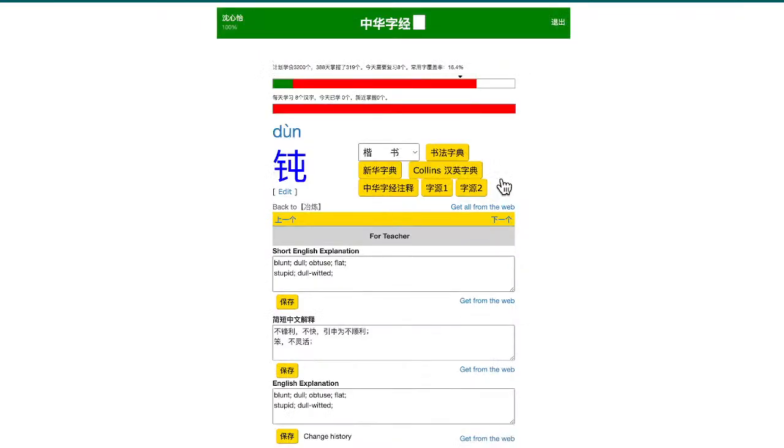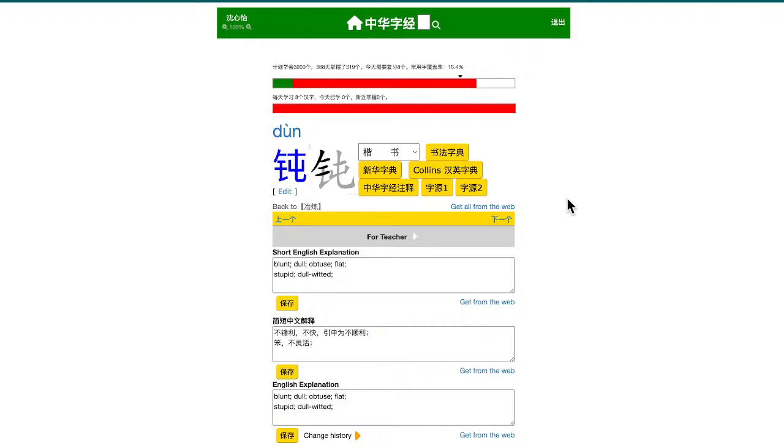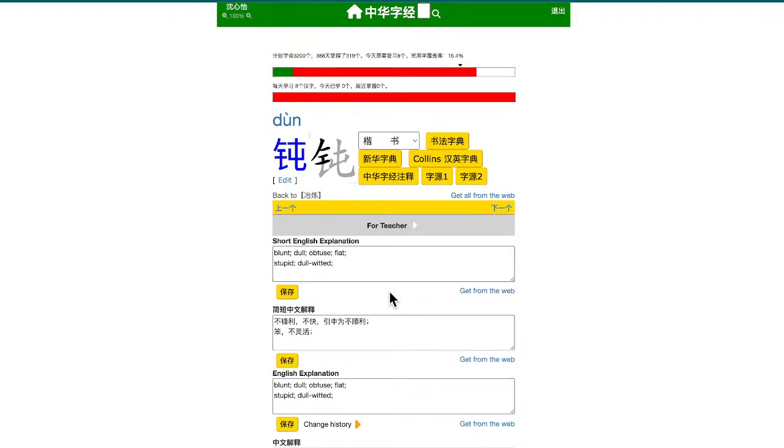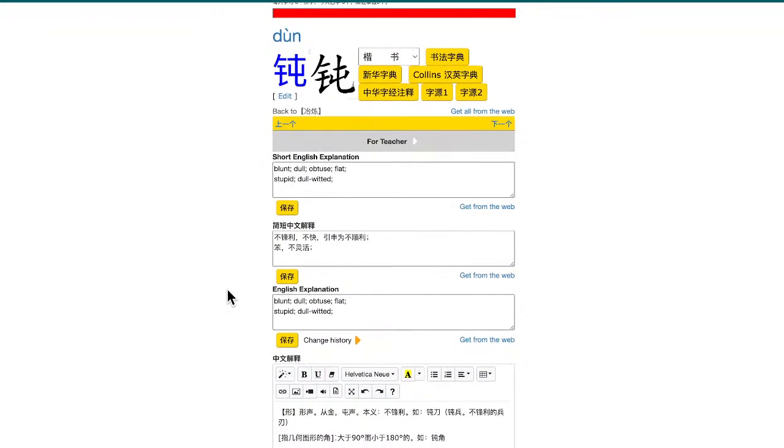Next one, 钝. 钝 means blunt, dull, obtuse, flat. It refers to the sharp edge of a weapon, like knives or swords, getting dull and no longer sharp enough to cut things. It's called 钝. Of course, it also metaphorically refers to a person who is not smart, stupid or dull-witted, slow and not very wise.